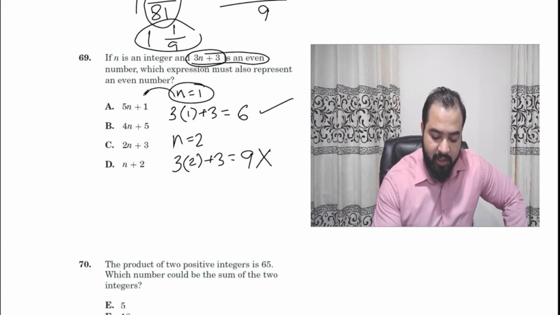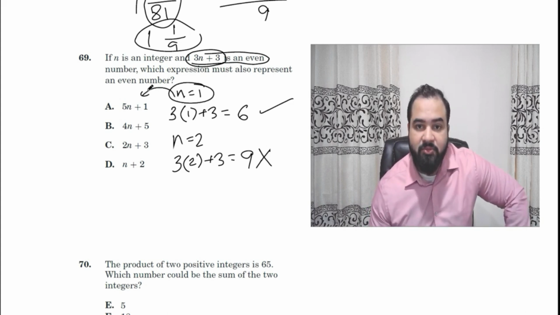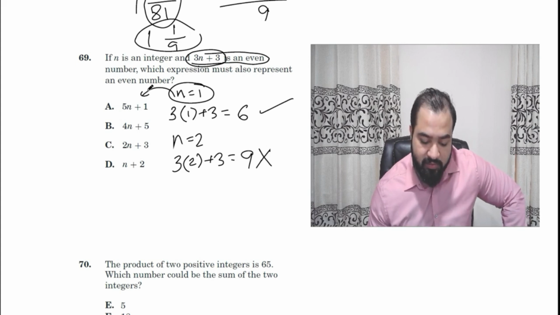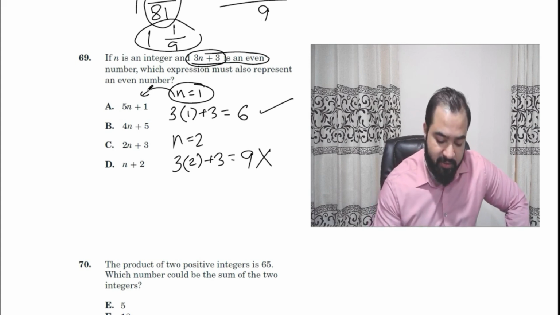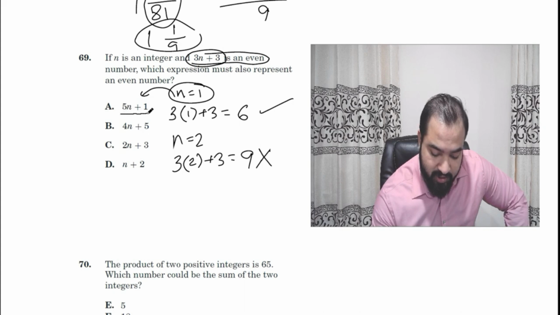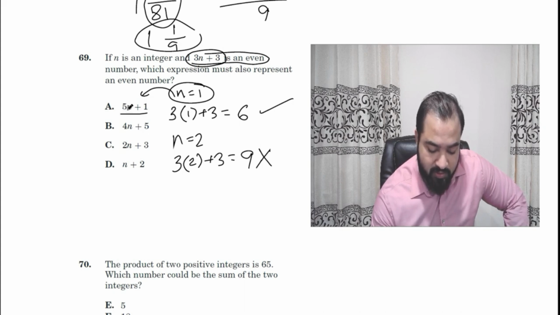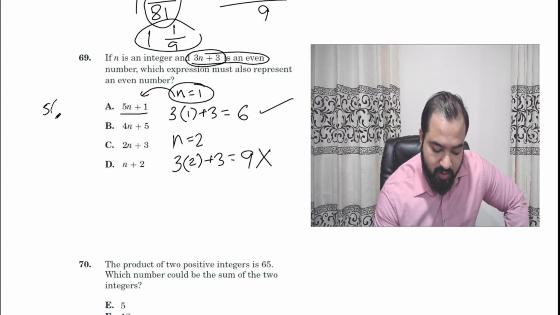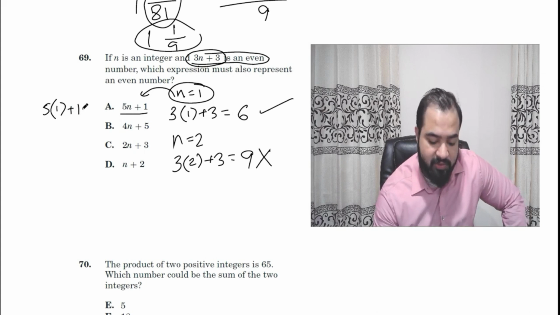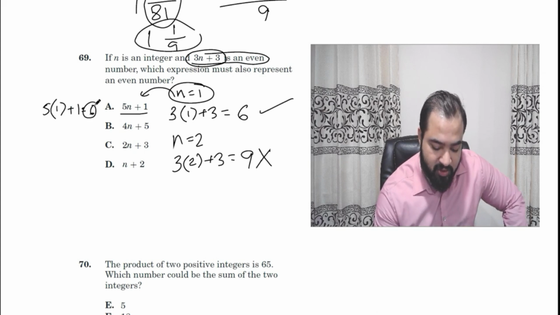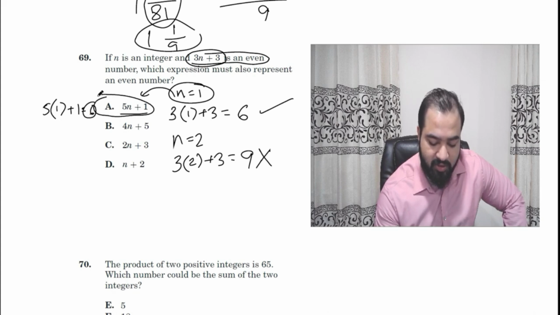So we're going to plug it into each and every one of these expressions and see which one gives you an even number. That's the easiest way you can think of. If I plug it in here first, if n is 1, 5 times 1 plus 1. So 5 times 1 is 5, plus 1 is equal to 6. That's already even, so that's how we know A will be the answer.